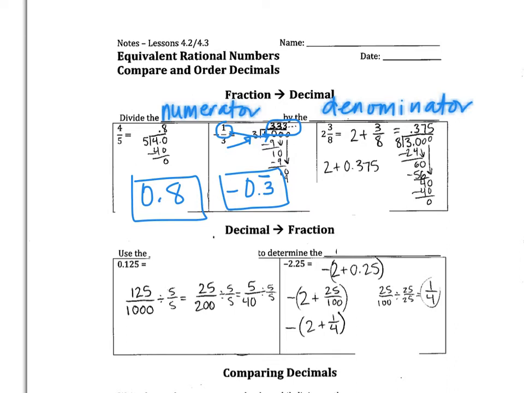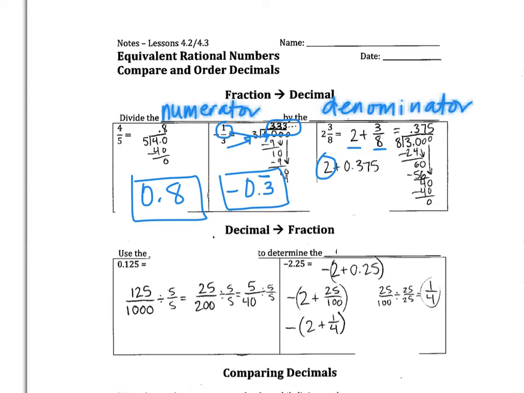2 3/8, the first thing that we're going to want to do is separate the 2 plus 3/8. When we say 2 3/8, it actually means 2 plus 3/8 more. So we're going to keep our 2 right here, and then we're going to turn 3/8 into a decimal.